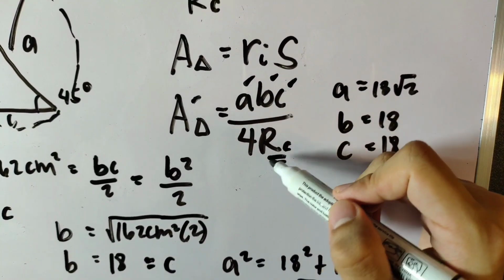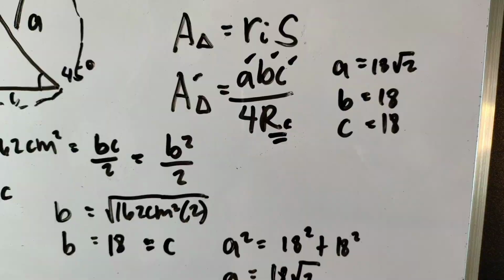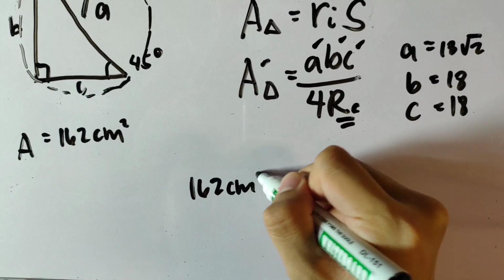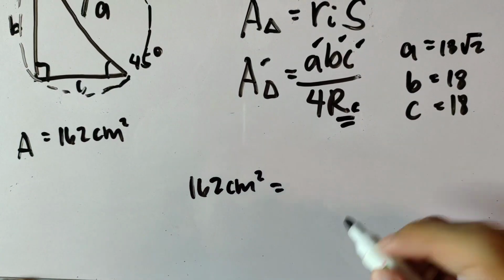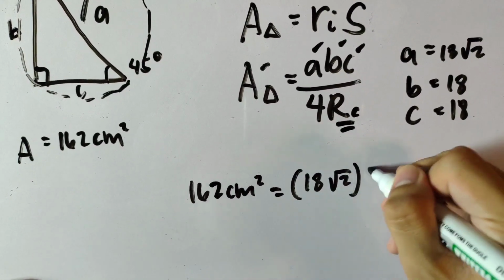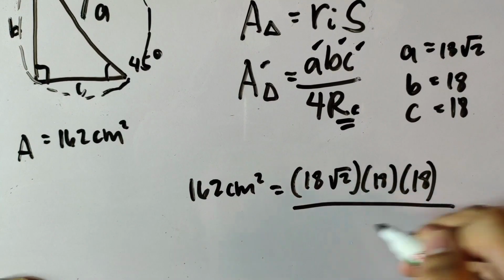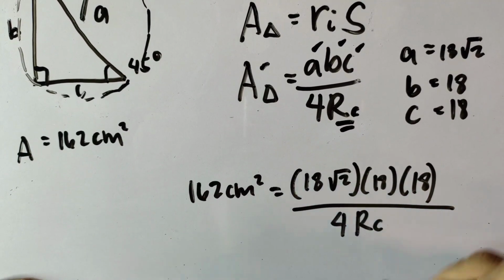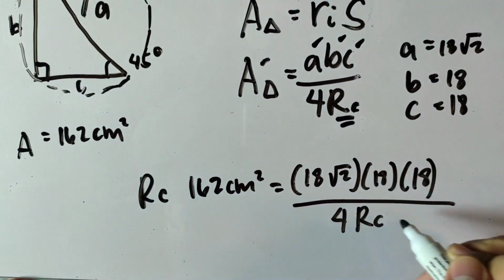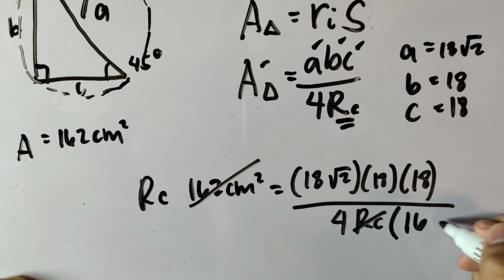So masasolve na natin ngayon tong R sub C natin using tong equation na to. Mag-erase muna tayo. So yung area ng triangle natin ay 162 cm squared is equal to ang ABC natin, 18 square root of 2 times 18 times 18, divided by 4R sub C. Itong R sub C, lipat natin sa kabila, tapos yung 162 cm, lipat din natin sa baba.